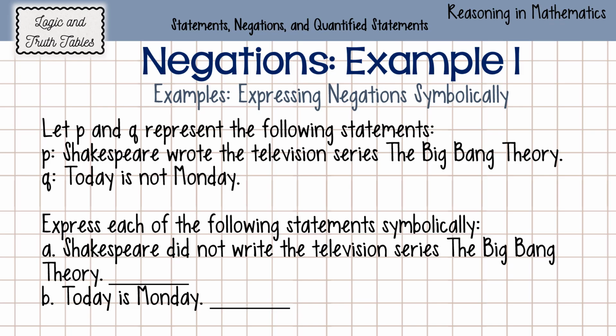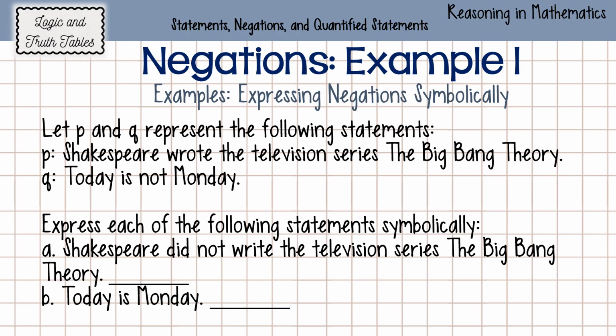Negations, example 1. Let P and Q represent the following statements. So the ones we saw before. Let's do P first. Shakespeare wrote the television series The Big Bang Theory. And Q, today is not Monday. We need to express each of the following statements symbolically.